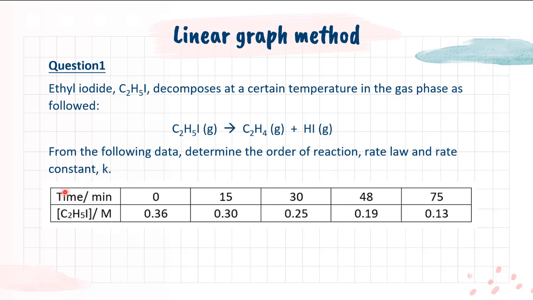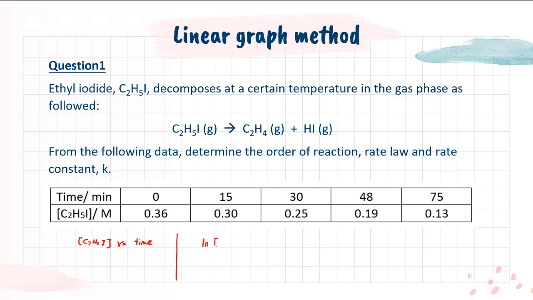All right, so given here you have your time in minutes. Be careful of the unit for time, and then you have the concentrations. To plot one graph, the graph of concentration of C2H5I against time, that will be zero order if you got the straight line graph.